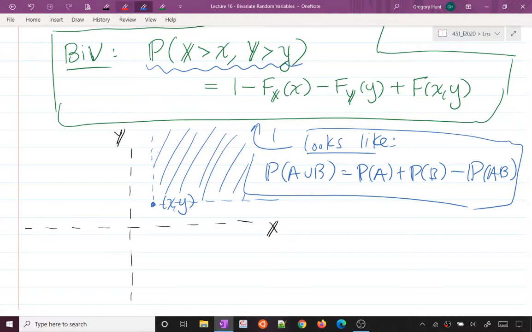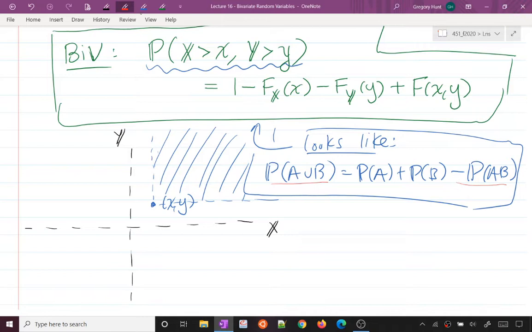One way I could calculate that is to subtract off. I could take 1 and subtract off everything but that rectangle, which is effectively what I'm doing here. I'm going to subtract off two things, but then, very similar to my probability of a union, I'm going to overcompensate, so I'll have to adjust at the end.